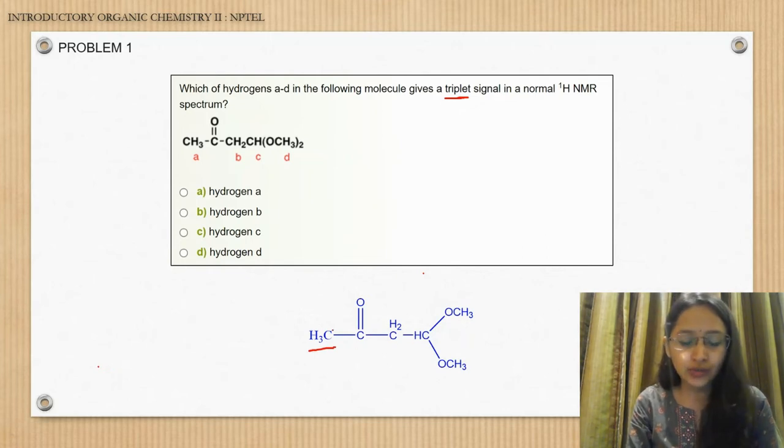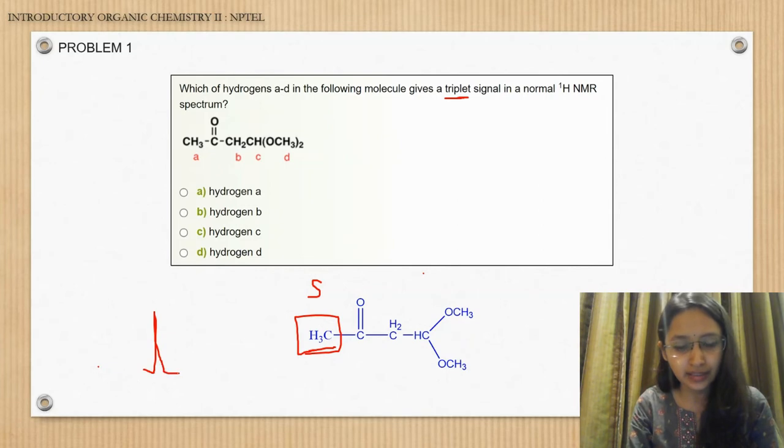These protons have no neighboring hydrogen to give a splitting pattern, so we get a singlet, because there is no nearby hydrogen which will split this signal into further signals. So we are going to get a singlet for this particular methyl group, as we have discussed previously. There is no confusion about it, right?